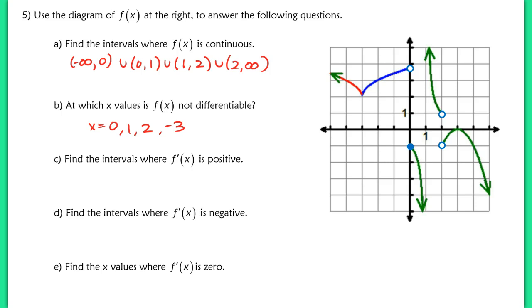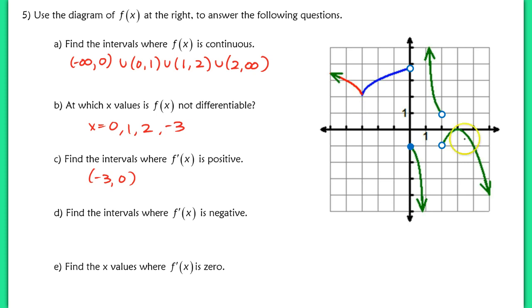Now in part C, we want to find all intervals where our derivative will be positive. So we can just do this graphically. You're going to look for all the parts on the graph where the tangent slope will be positive. So for example here, if we try to draw in tangent lines from -3 to 0, we'll always have positive tangents, okay?